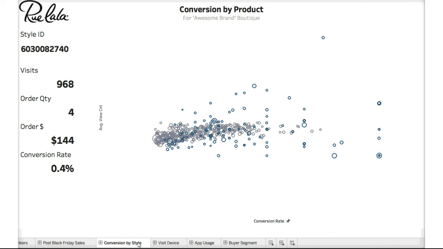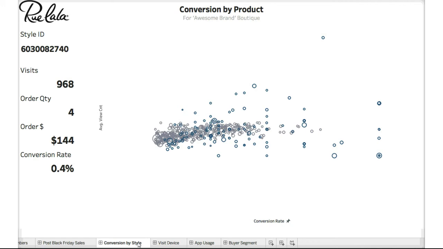We've obfuscated exactly what we're looking at here to a degree, but we're also looking at two different colors. Our gray circles are member visits to that SKU and style from all of our members, and the blue dots are those just for this Black Friday cohort.